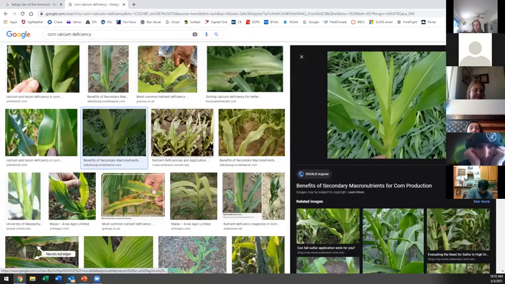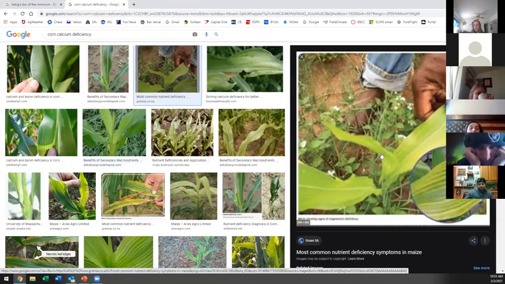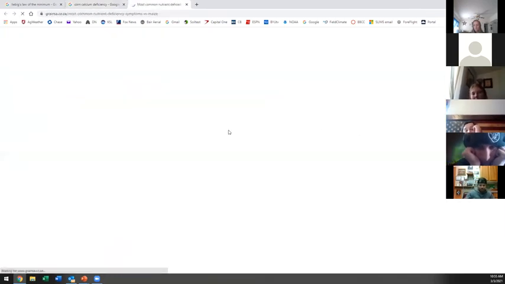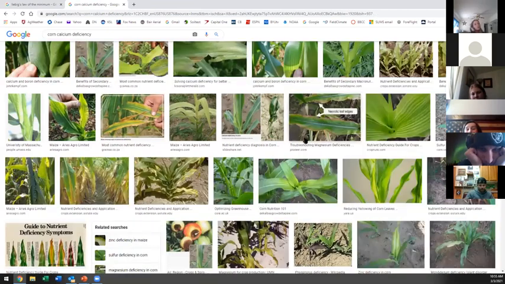I think there were a few others on here. What's this one right here? Too slow. I thought I saw a sulfur one somewhere.